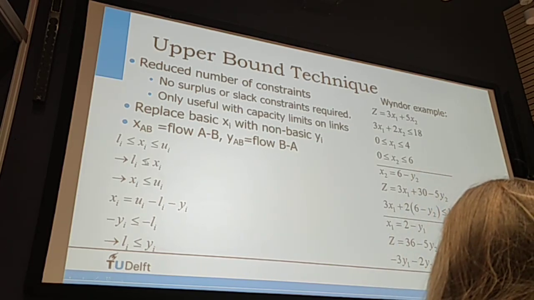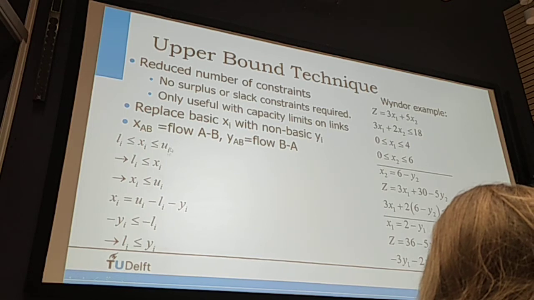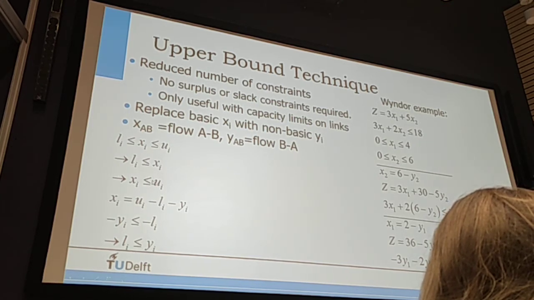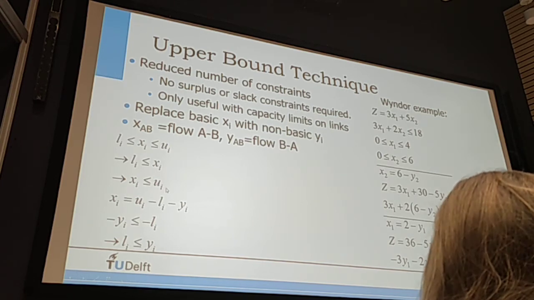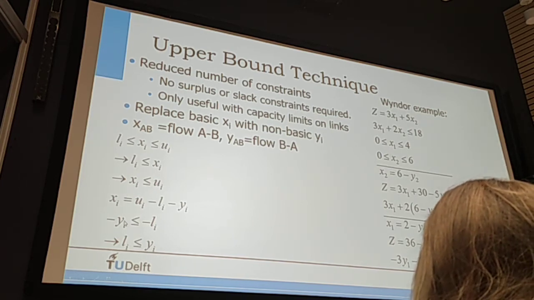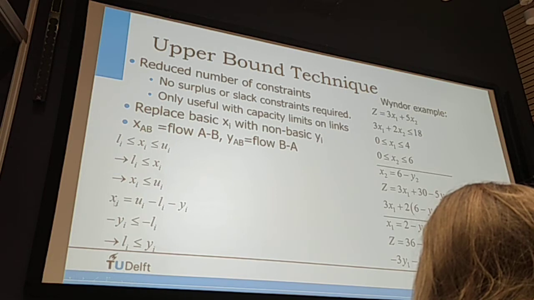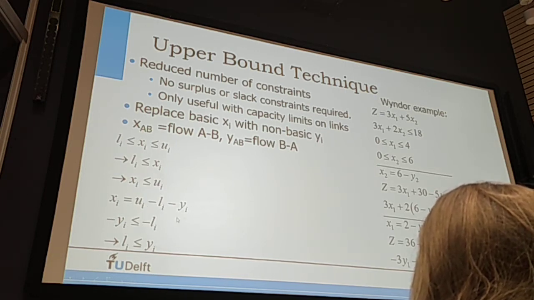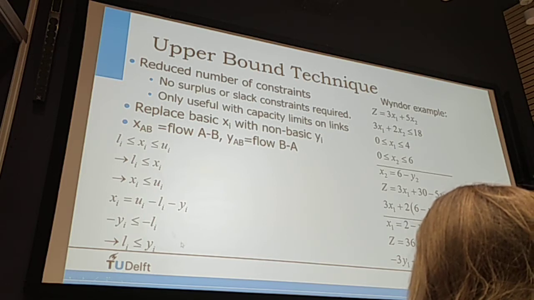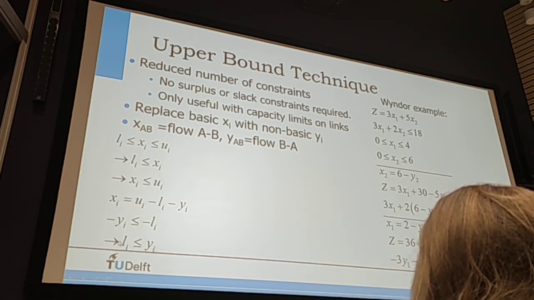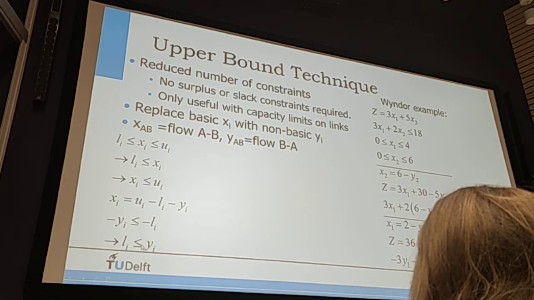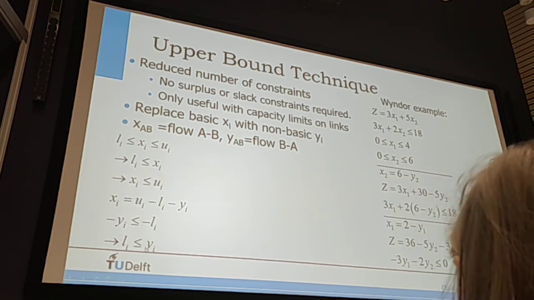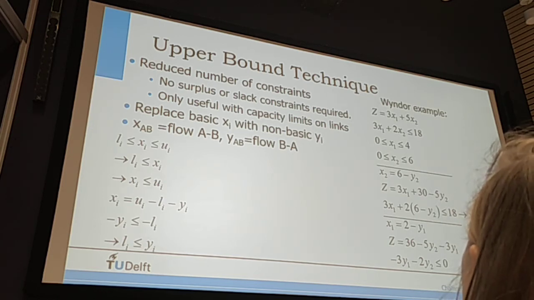So for example, if I have a flow between L and U, we know our x_i is more or equal to L_i, and our x_i has to be less or equal to U_i. Now if we replace x_i with U_i minus L_i minus y_i, we end up with y_i having to be larger or equal to L_i. This way we can reduce our problem and we don't need any slack variables.